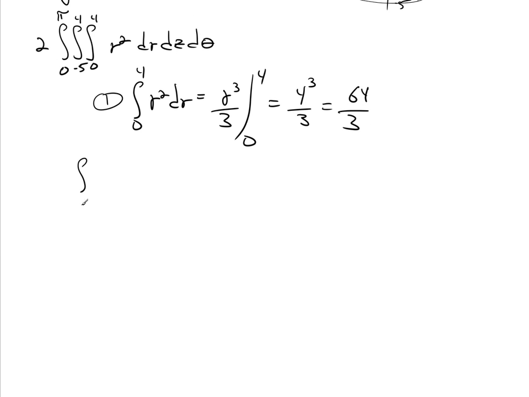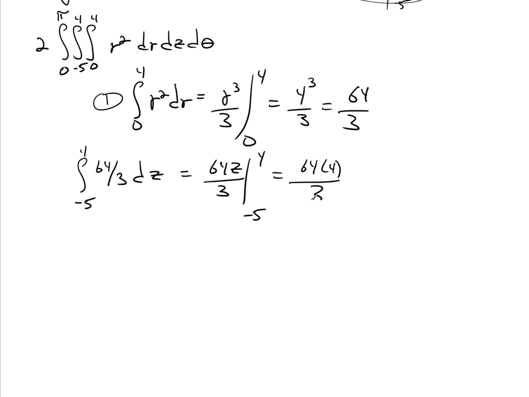So now I want to integrate from -5 to 4 of 64 over 3 dz, which is going to be 64z over 3, evaluated from -5 to 4, which is 64 times 4 over 3. Minus and minus, that's a plus.